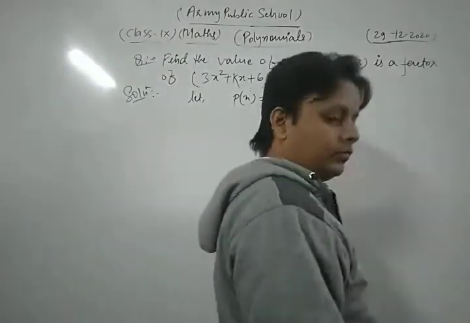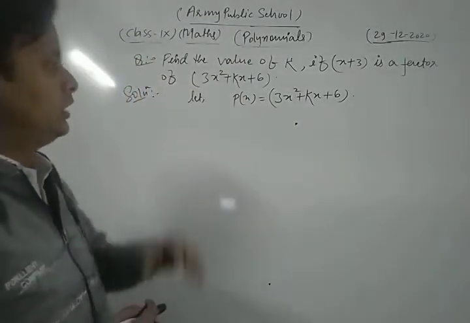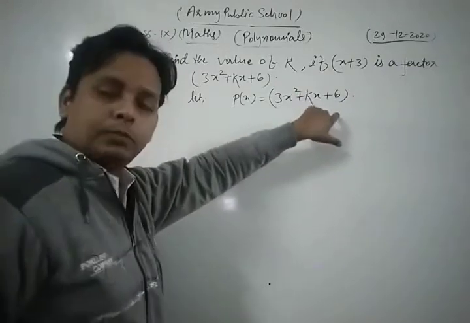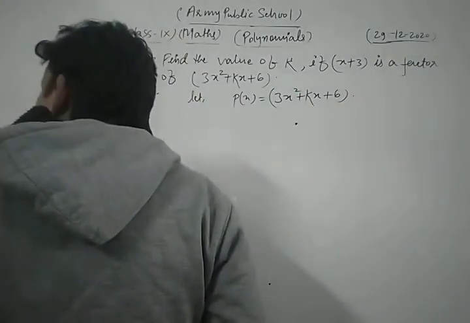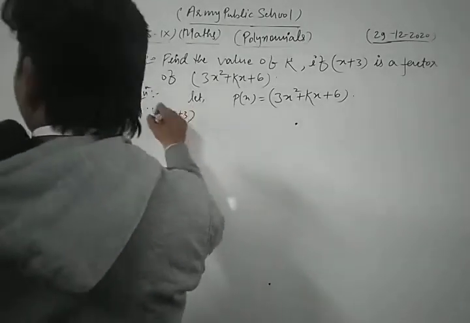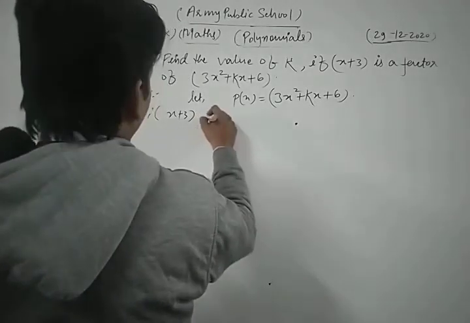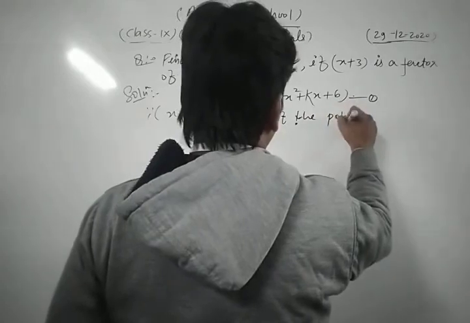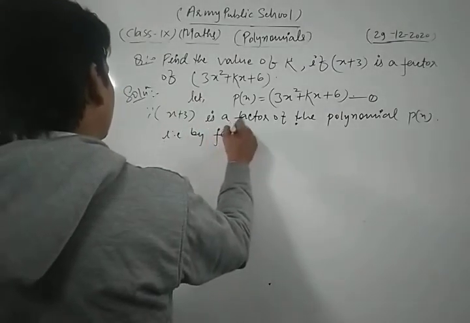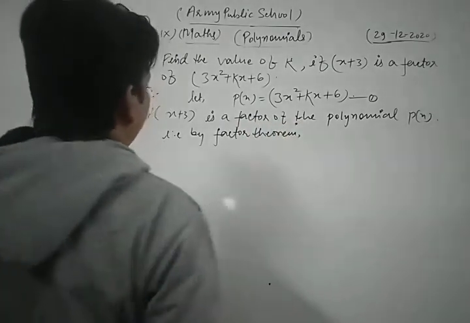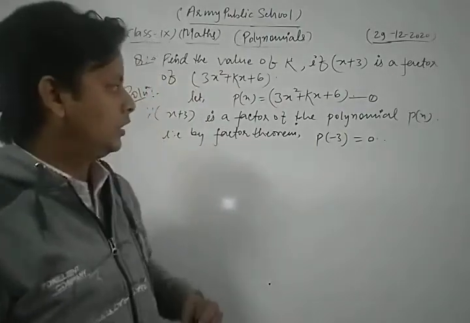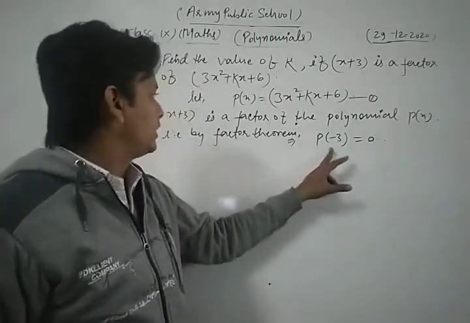Since x plus 3 is a factor of the given polynomial, by factor theorem, p of minus 3 must be equal to 0.